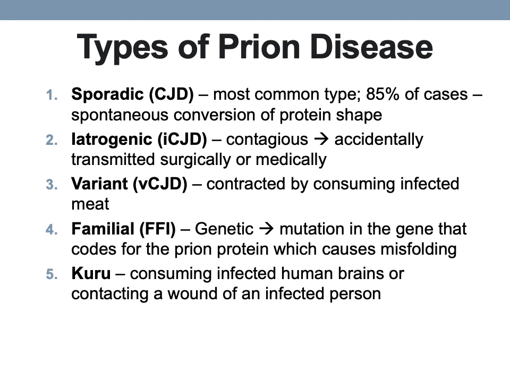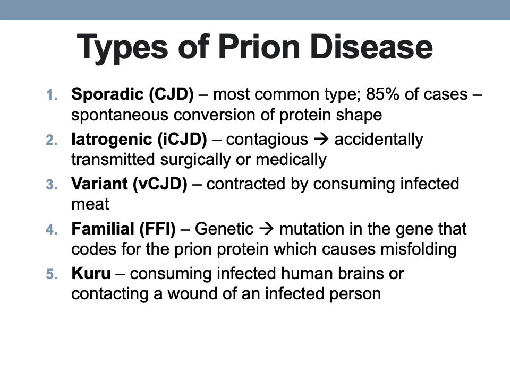Here are a couple of types I'm going to review. Sporadic CJD is the most common type: 85% of all cases of Creutzfeldt-Jakob disease is the spontaneous conversion of the protein shape from its normal shape to a rod-shaped prion.